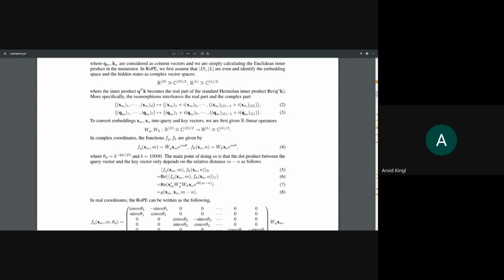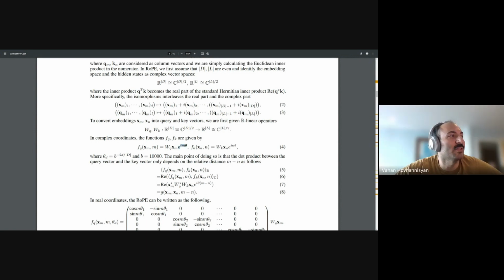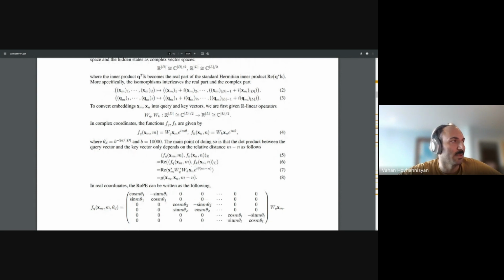How the positions and the original tokens interact with each other. Because the real numbers give us just the position embeddings, one number per position, right? But then you convert it into a complex number, and then you need these linear operators to do those conversions back and forth, both ways actually. I don't think we need to worry about this because we end up not using them actually.